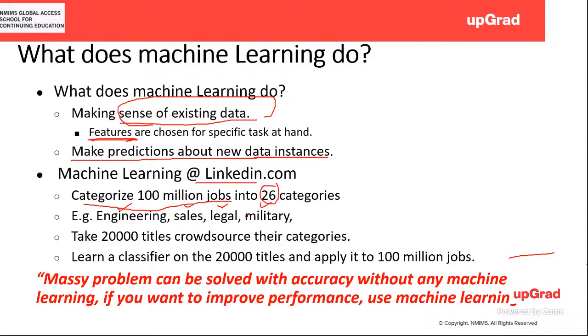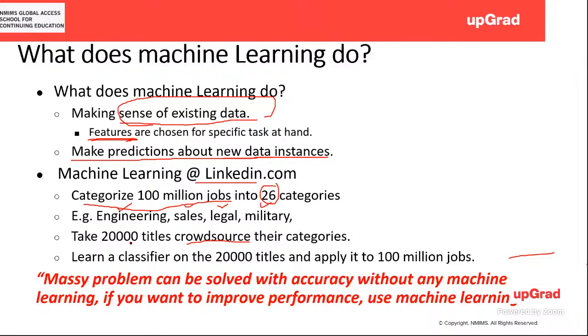So how do they do this? What they did was crowdsourcing. On their site they asked the question: the following job title belongs to which category? So they asked such questions, and people from across the globe submitted their responses.